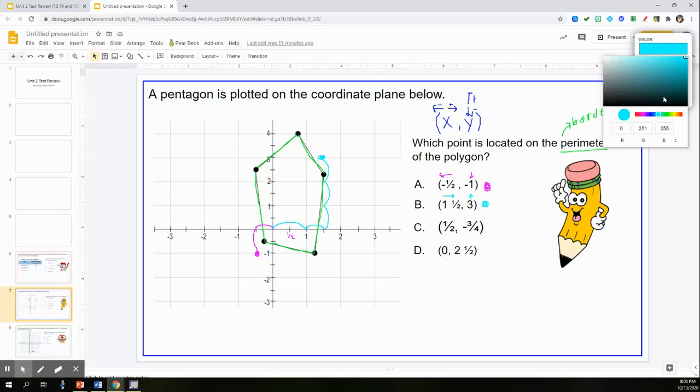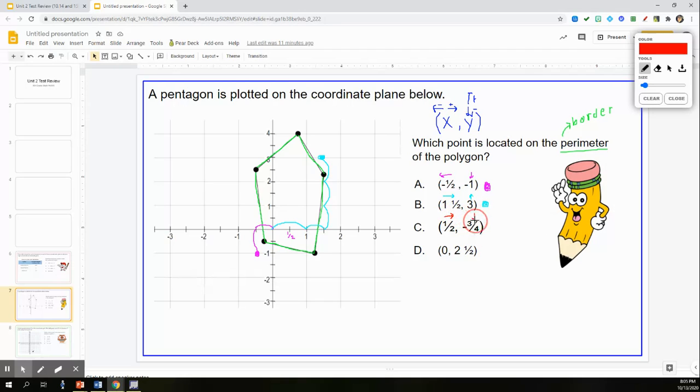Point C is at positive 1/2. So it's positive, so I'm going in the right direction for x, and negative 3/4, which means I'm going down. So positive 1/2 means I take a half a step in the positive x direction, and negative 3/4 means I'm going down underground in the y direction.